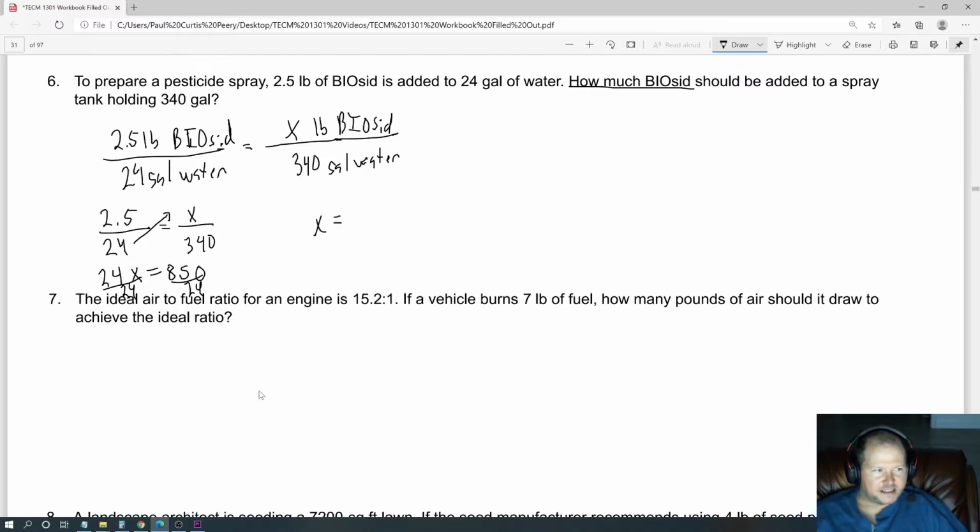And that gives me x is equal to 35.416, and that just repeats. And let's say we wanted to round it to the hundredths place. So that'd be 35.4, and then since the 6 is 5 or higher, you'd round the 1 up to a 2. And so we could say, well, x is approximately that right there.